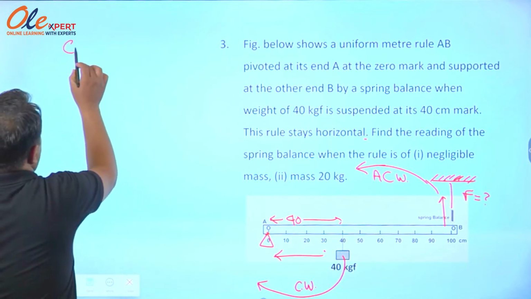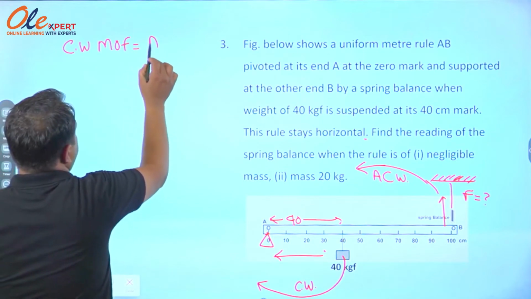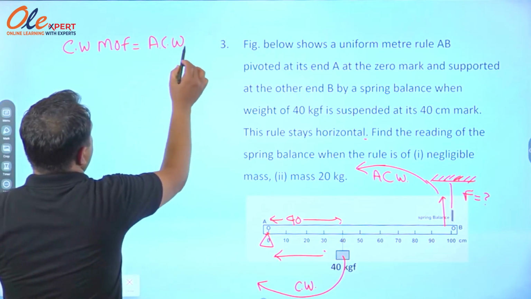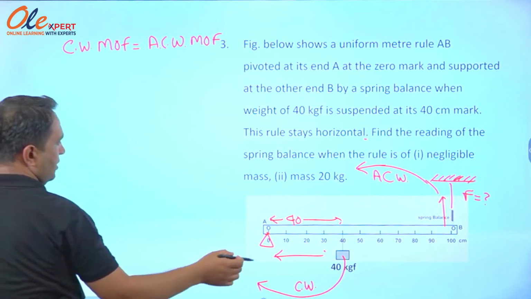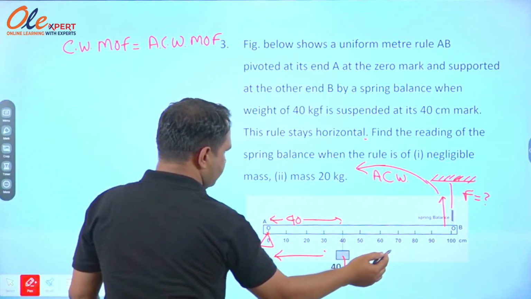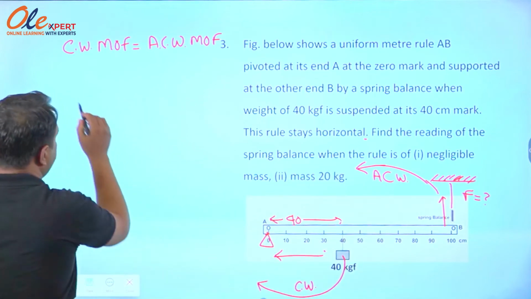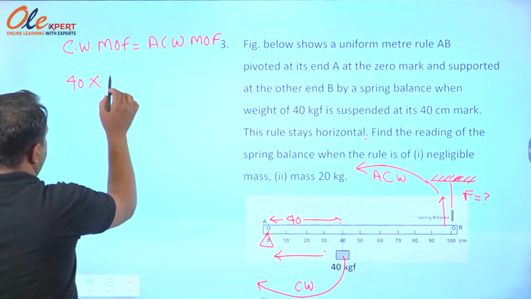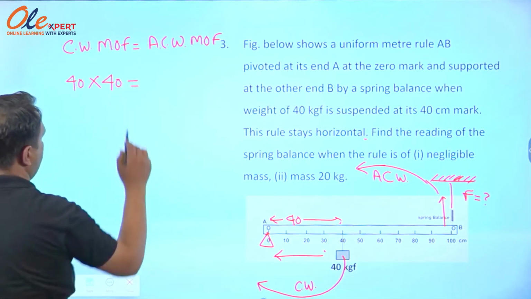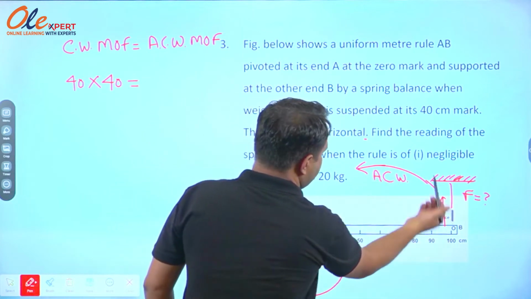So clockwise moment of force is equal to anti-clockwise moment of force, right? The clockwise moment of force is this one, 40 into 40, 40 mass and 40 centimeter perpendicular distance, is equal to the anti-clockwise moment of force at this end.